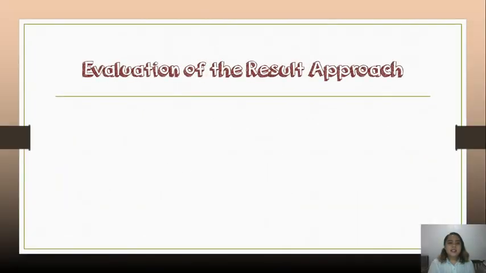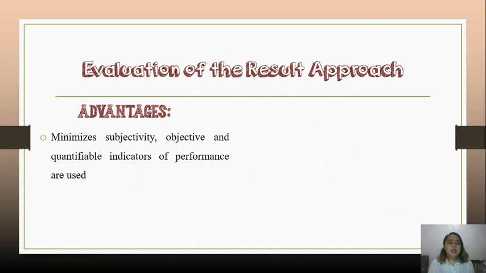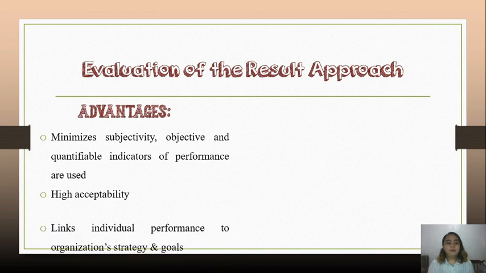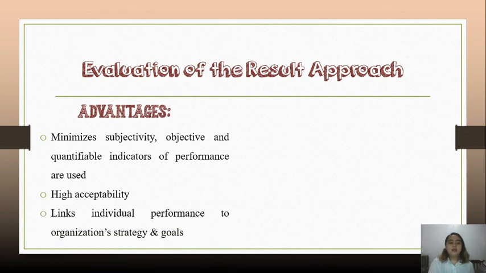So next is the evaluation of the result approach. The advantages of the result approach are: it minimizes subjectivity, objective and quantifiable indicators of performance are used, high acceptability, and it links individual performance to organization strategy and goals.